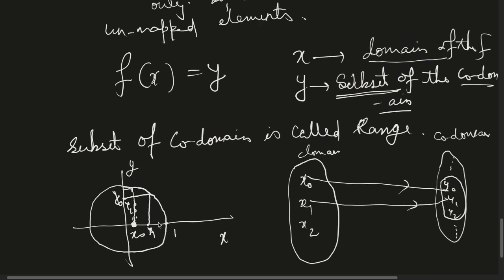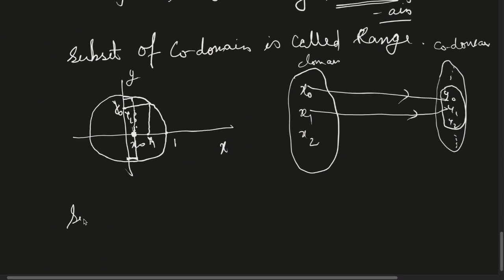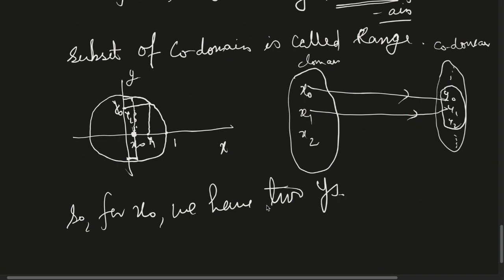Then we can see that for this x0, not only is this y0 there, there is another y just below it, and this is here. So for the same x0, we have two y's, that is, x0 is being mapped with another y also.